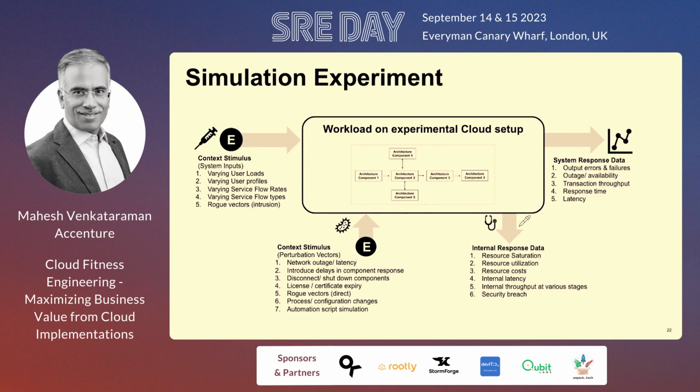I don't know how many of you are familiar with those models. USE is utilization, saturation, and errors. RED stands for rate, errors, and duration. Those models can be applied to understand how the failures tend to happen, what the runtime consequences of the design choices are, and how the cost benefit is shaping up.